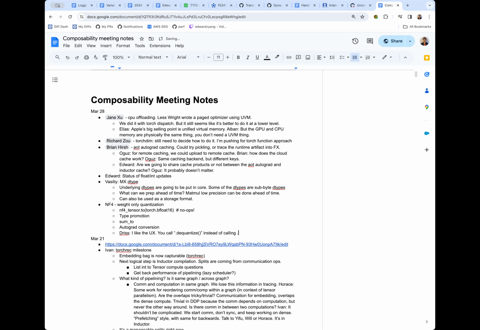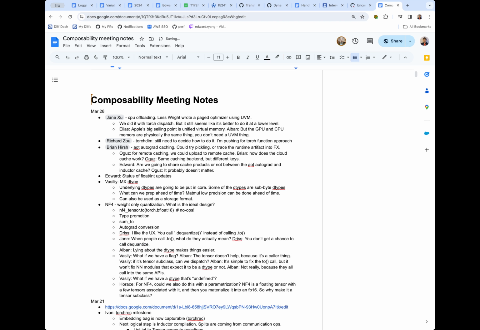So what is the point of even making this a tensor subclass? It doesn't need to be a tensor subclass. Yeah, so concretely, when Horace proposes that it's a parameterization, what would happen is if you had a weight which was an NF4 tensor, what you would actually have is an underlying weight, which is the float or whatever.